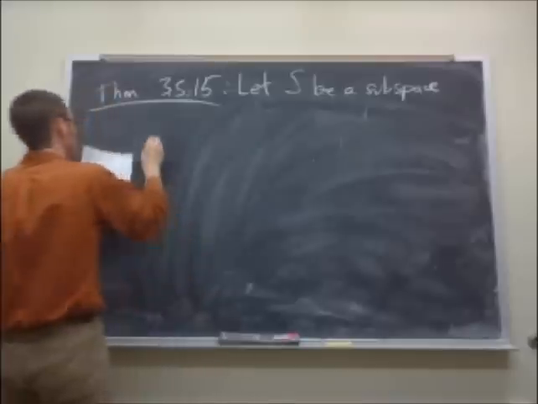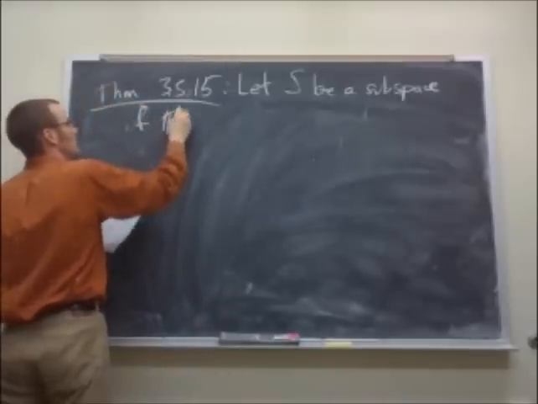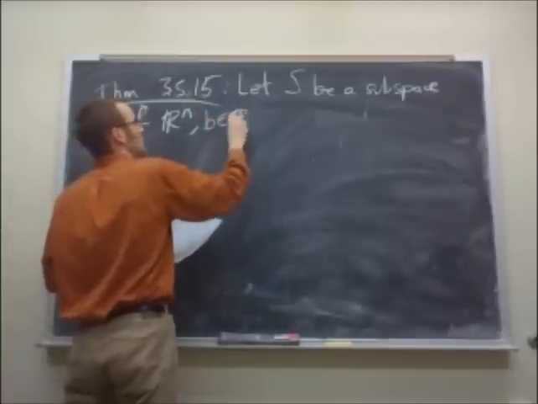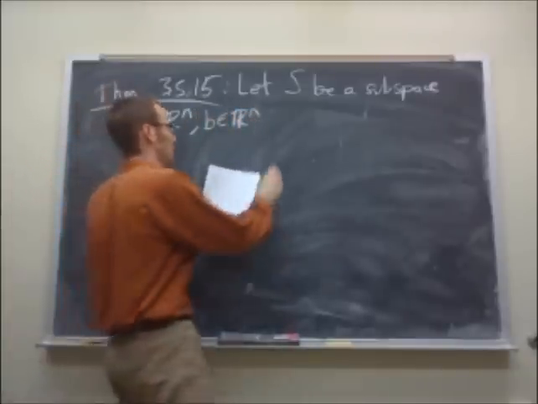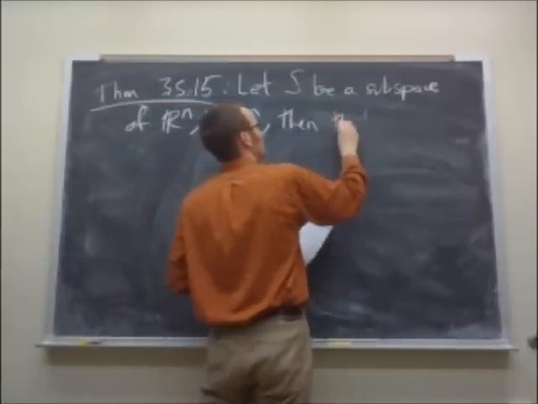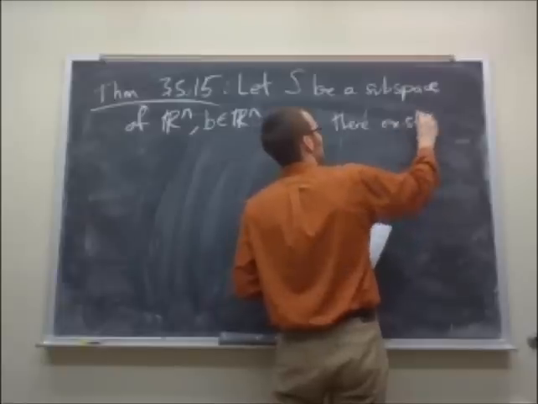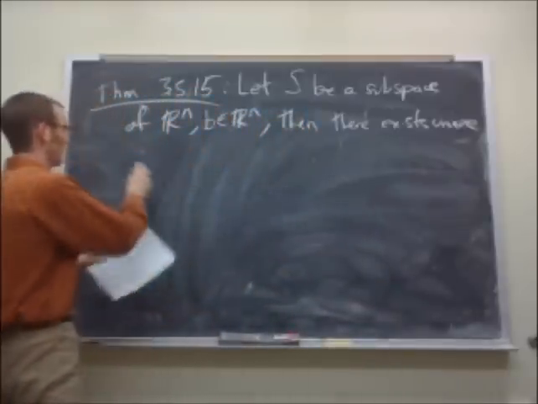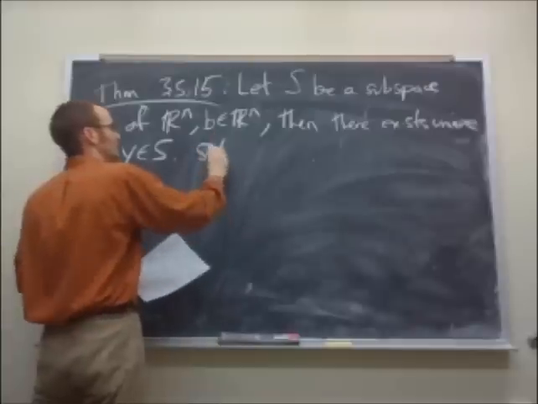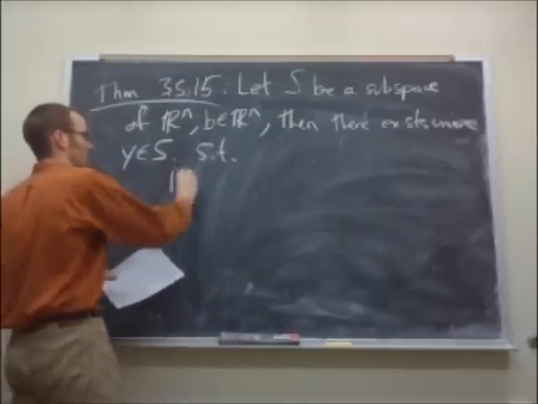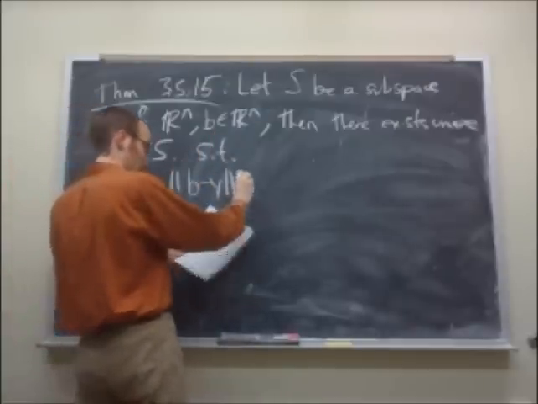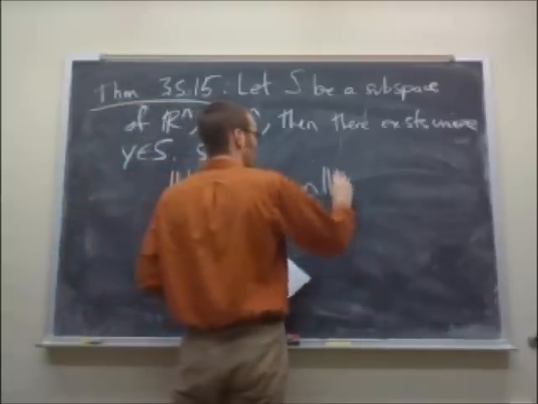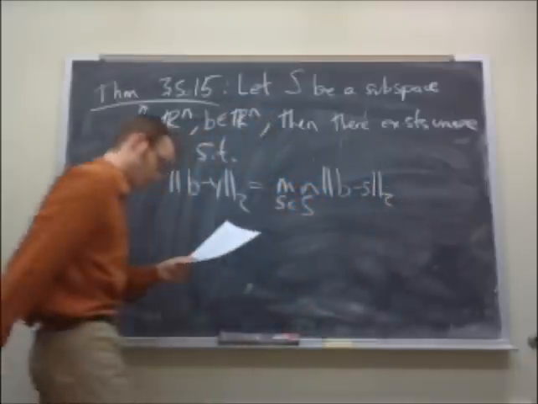So we're letting S be a subspace of R^n. Let b be in R^n also. Then there exists a unique y in S such that the 2-norm of b minus y is equal to the minimum over s in S of the 2-norm of b minus s.